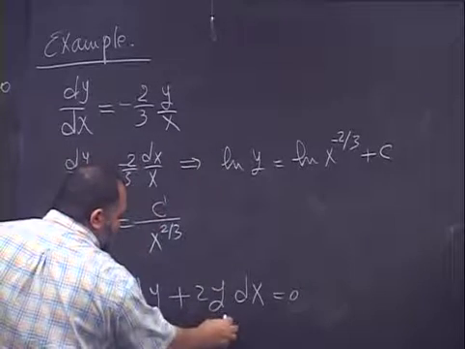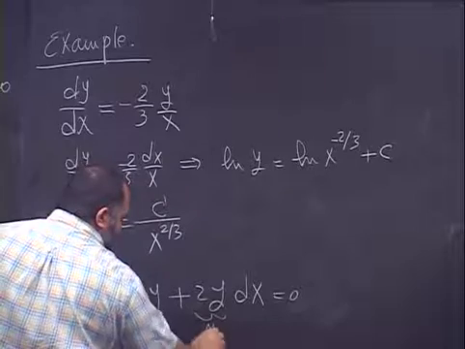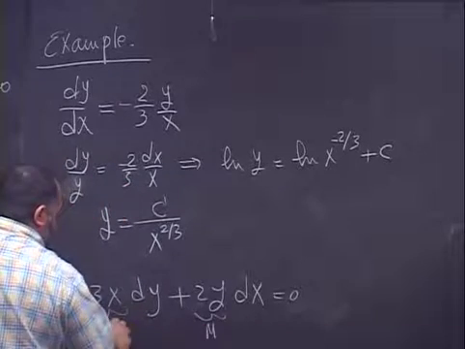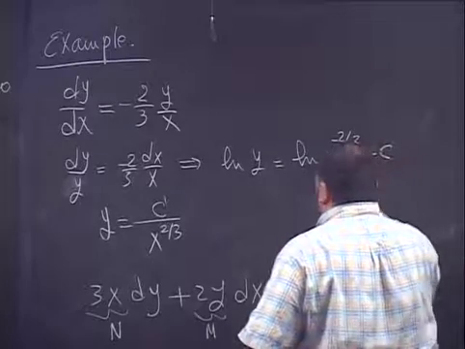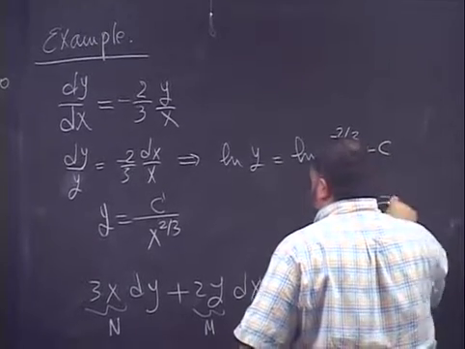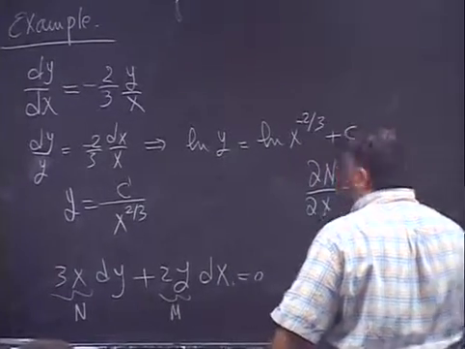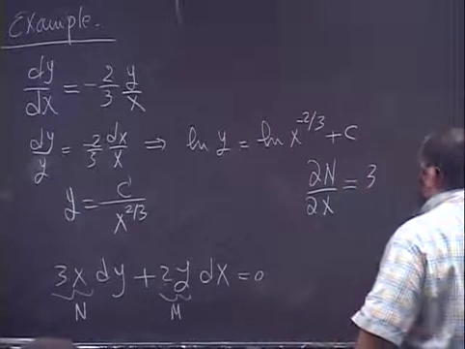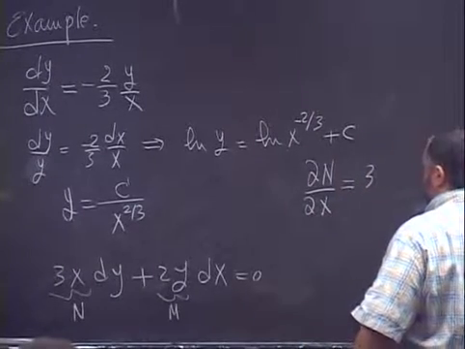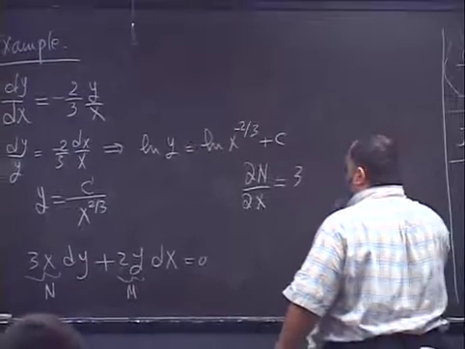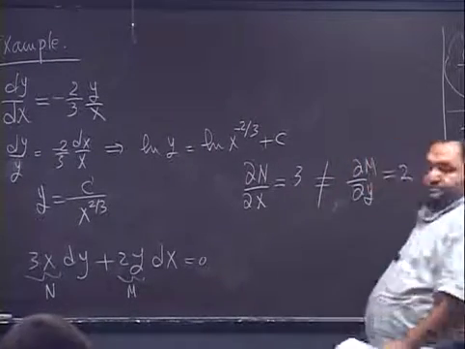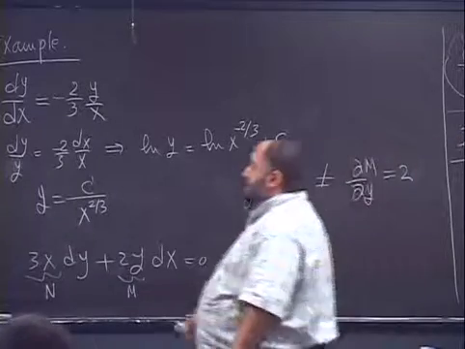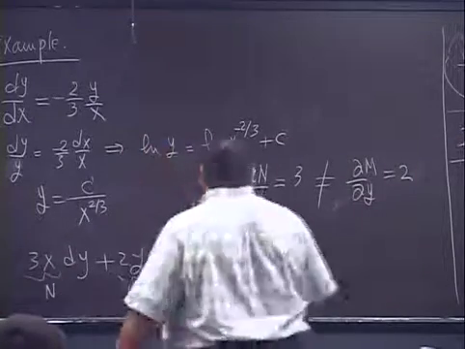So this is what function? M. And this is what function? N. Let's do the check. dn by dx is equal to 3. And dm by dy is what? Are they equal? Nope. So the equation is not an exact equation.